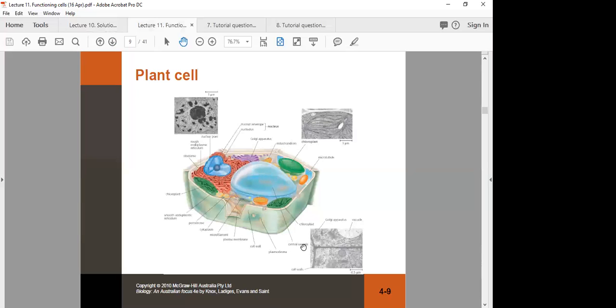All right, so there we have it, central vacuole. As I said, you do find sometimes very small vacuoles in animal cells, but certainly nothing like this. All right, and then we have other structures which are the same in animal cells. Nucleus, endoplasmic reticulum, Golgi apparatus, mitochondria, and so on.